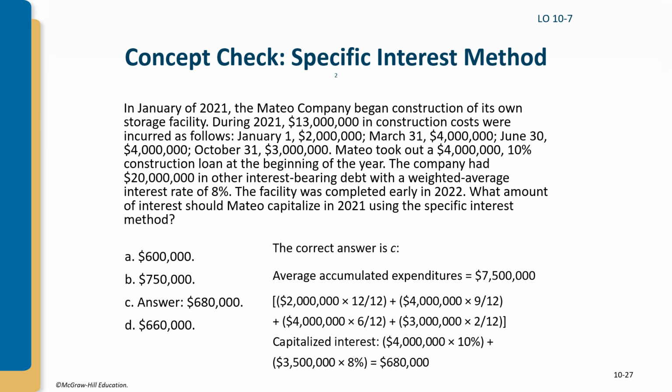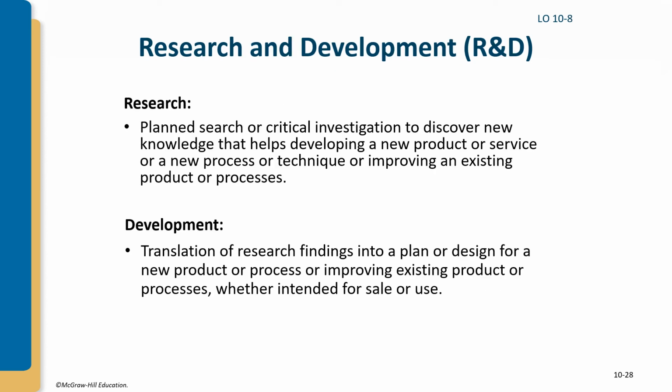It would be the $4 million times 10%, or 400,000, plus the $3.5 million times 8%, which would be 280,000. 680,000 is the total amount of interest that could be capitalized. All right, that's self-constructed assets.